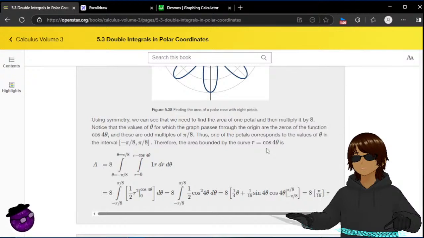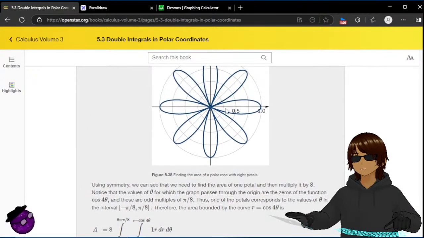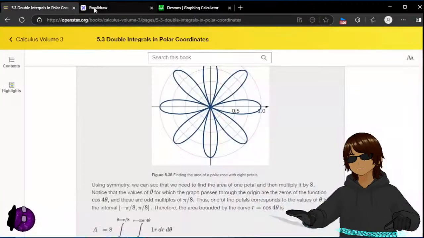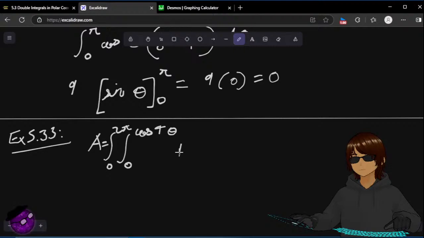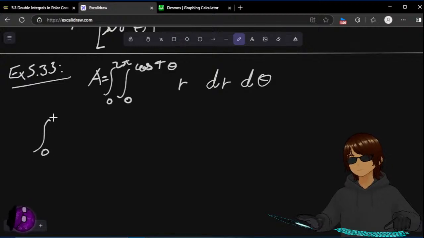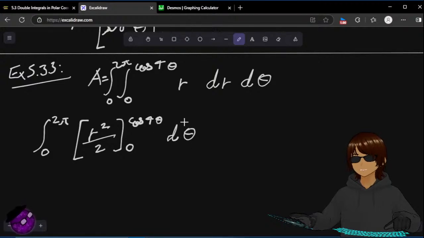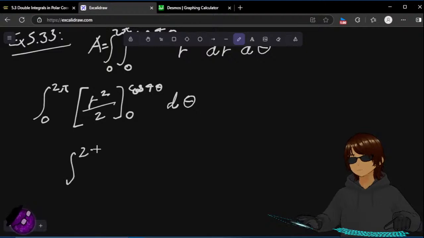Here the curve is bounded by cos 4 pi. r is equal to 0 all the way till cos 4 theta.